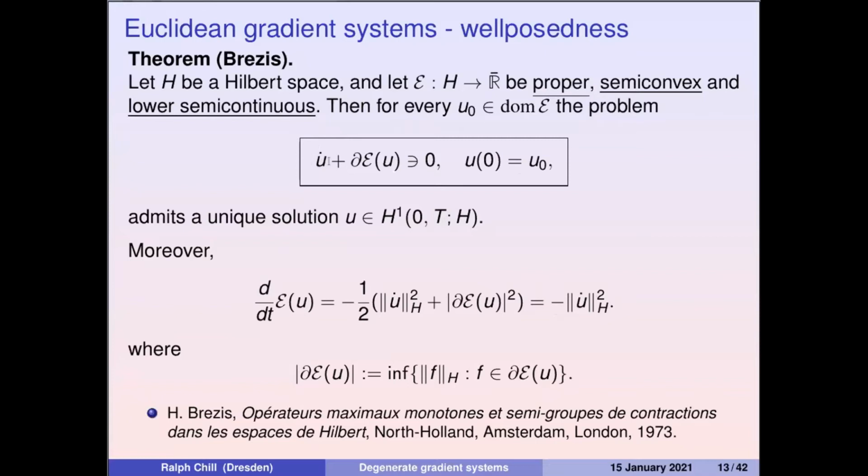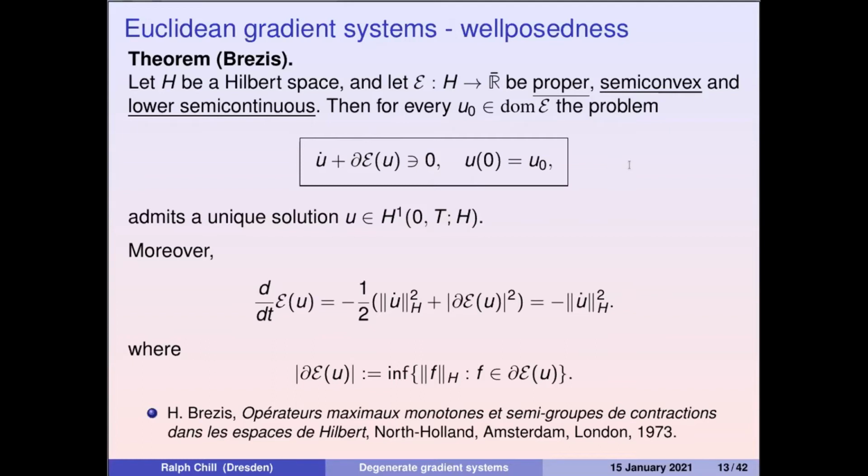So we are looking for functions u, depending on time, on an interval (0,T) or on R plus, with values in H, which satisfy this differential inclusion. That means u of t is in the domain, the subgradient at u of t is non-empty, and it contains minus the derivative. Or 0 is contained in this set shifted by u dot.